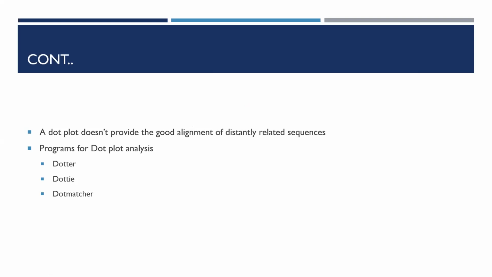They are actually the better methods of pairwise sequence alignment. But this dot plot analysis is a very simple method, and it works very well if the length of the sequences is not very large. So the drawback with the dot plot analysis is that it does not provide good alignment, especially in case of distantly related protein sequences.